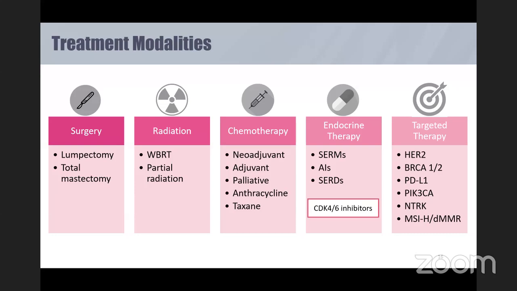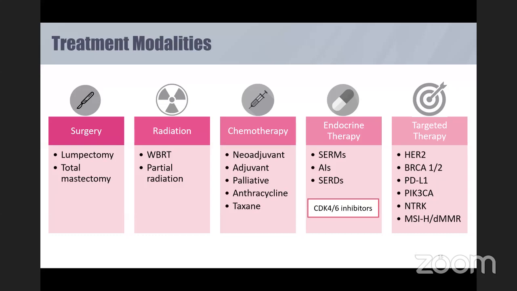For endocrine therapy we have 3 categories or 3 subgroups, which are the selective estrogen receptor modulators, the aromatase inhibitors, and the selective estrogen receptor down regulators. I put the CDK4/6 inhibitors here even though they are not endocrine therapy per se.